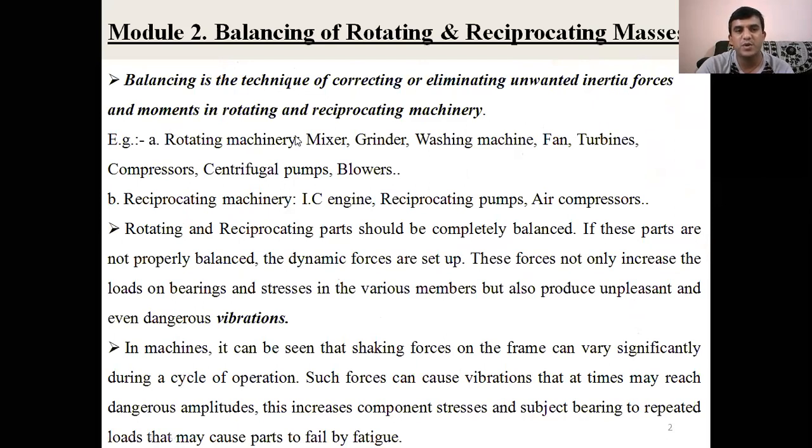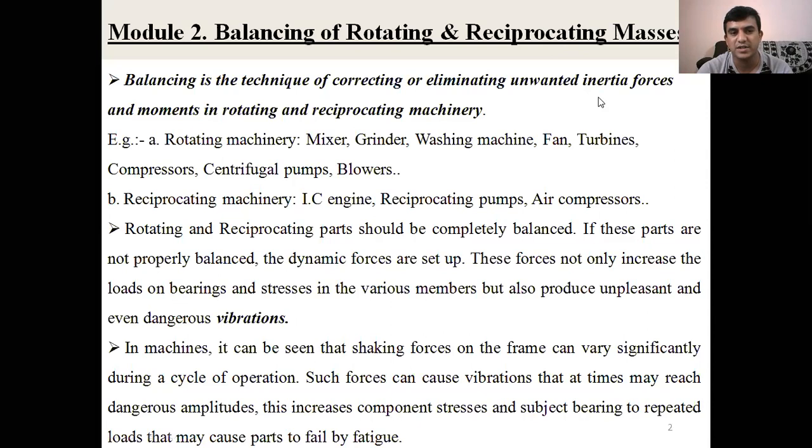We discussed what rotary machines and reciprocating machines are. Then why do we balance them? In your home appliances, like a mixer, grinder, or washing machine, once you start the machine and touch its body or frame, you can feel shaking forces exerted due to unwanted inertial forces.